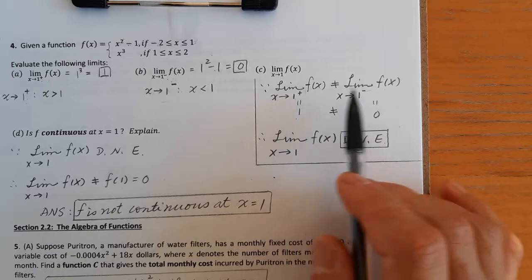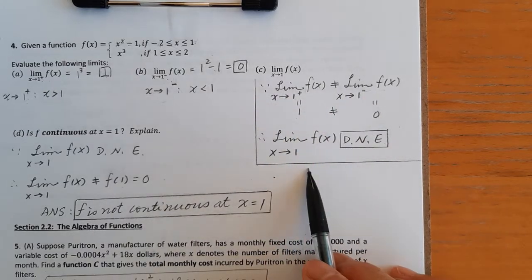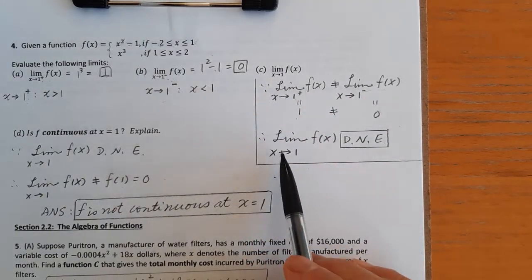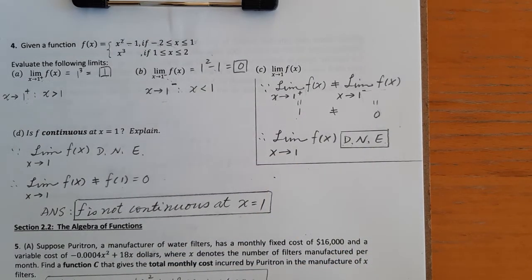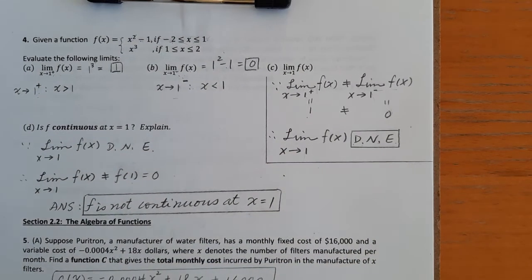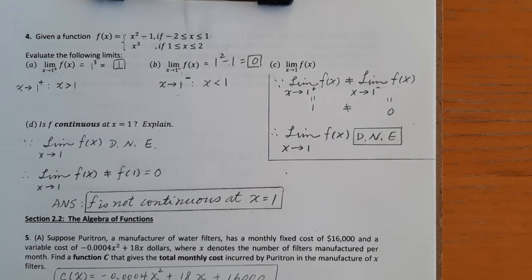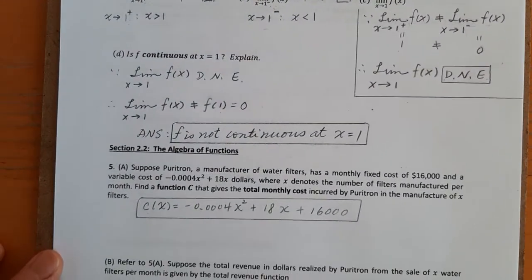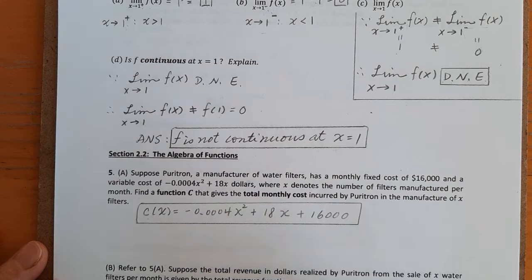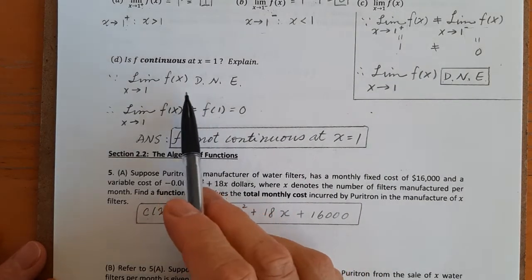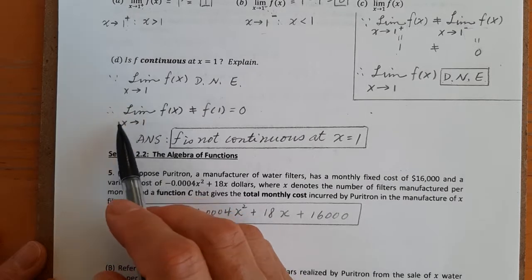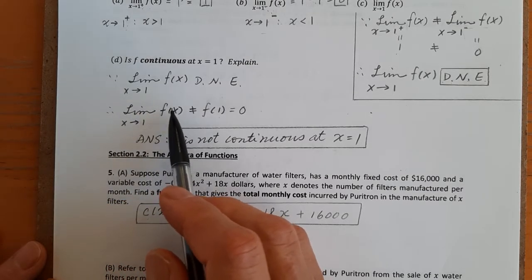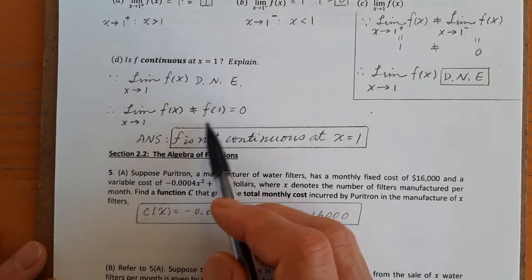Since they are not equal, we say the limit as x approaches 1 does not exist. Since the limit doesn't exist, the limit as x approaches 1 of f of x is not equal to f of 1.